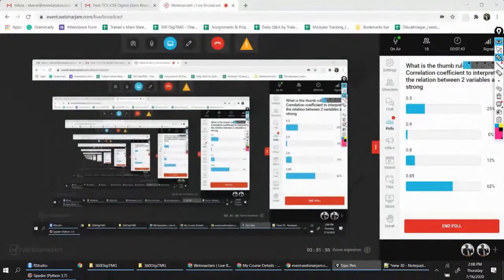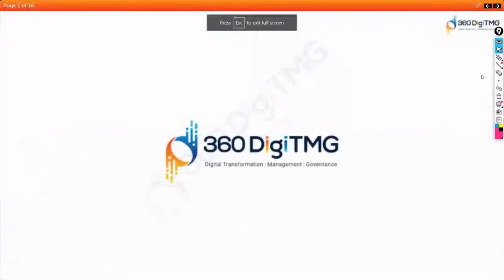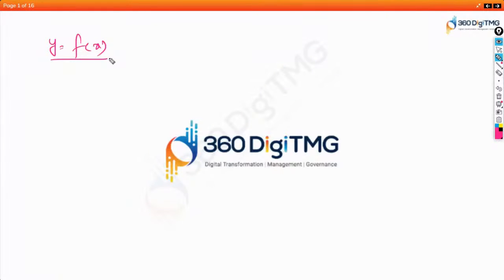All right. So let me talk about yesterday's session, what all things we have covered yesterday. So we started understanding the relationship between two variables using the base equation y is equal to f of x.